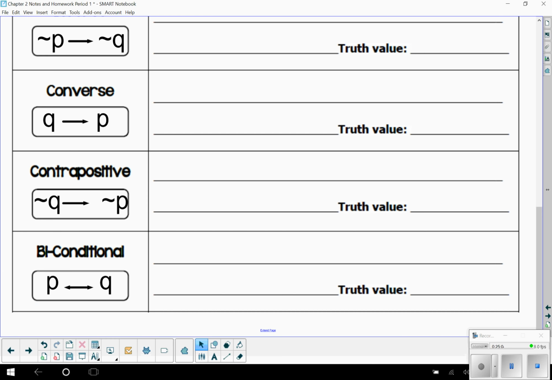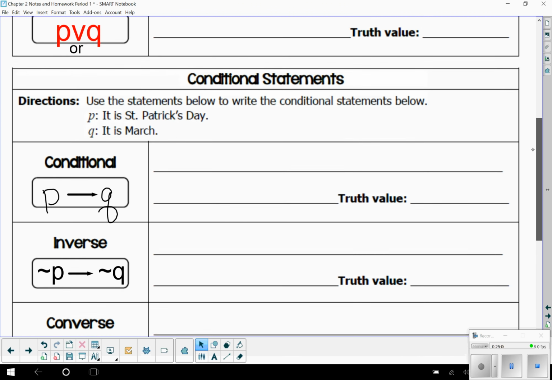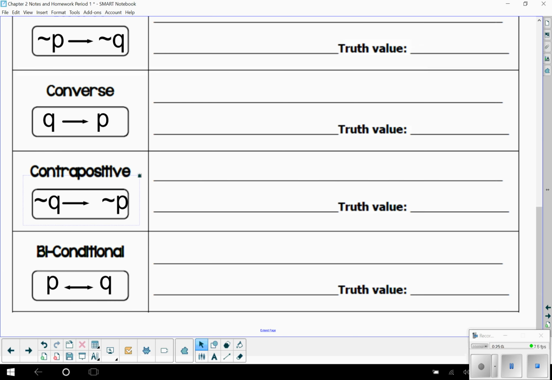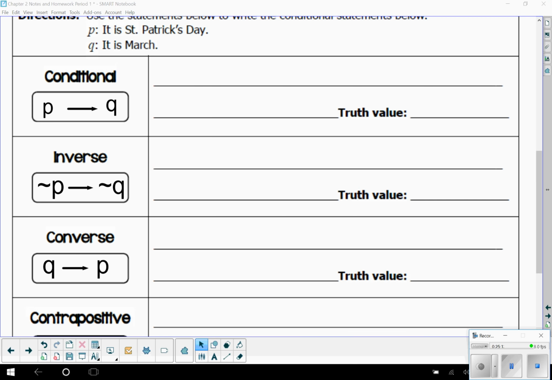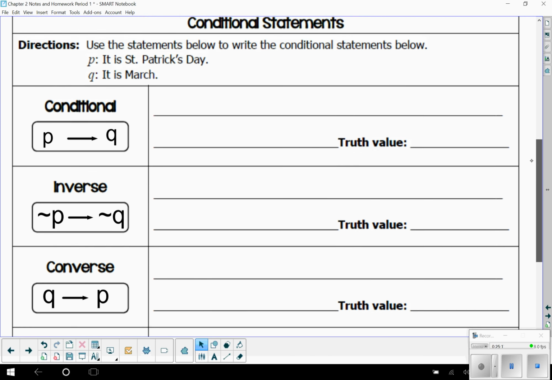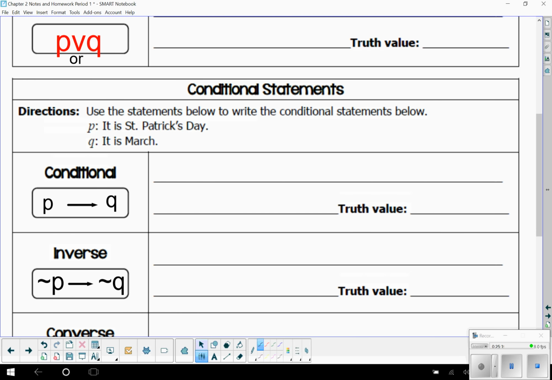Now, with all of that written down, you need to go through and use this right here to write all that down.